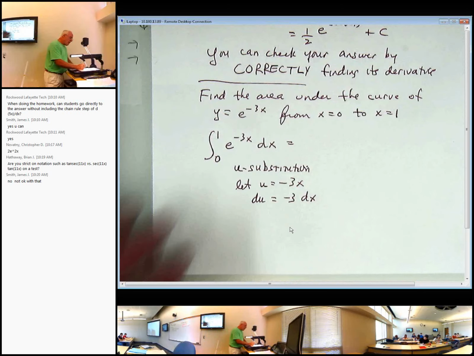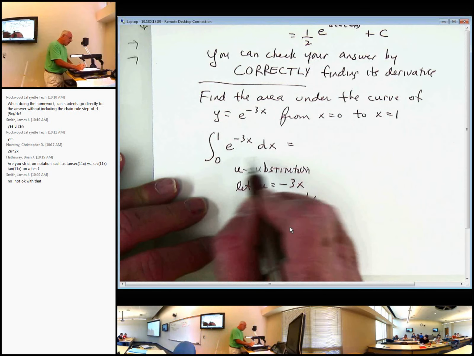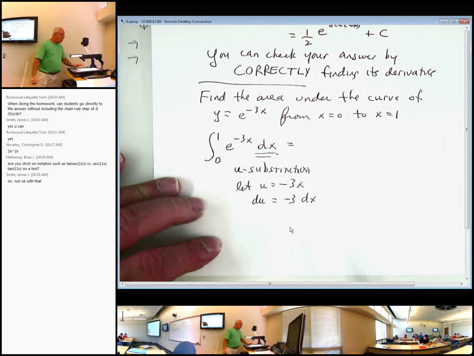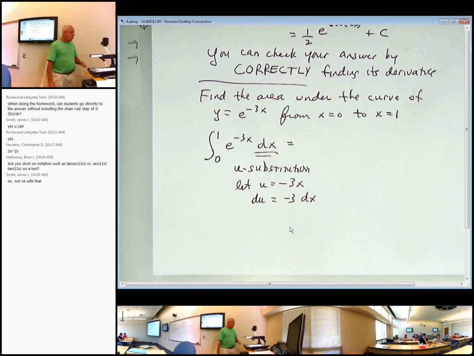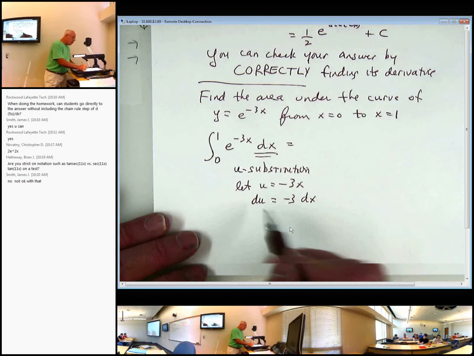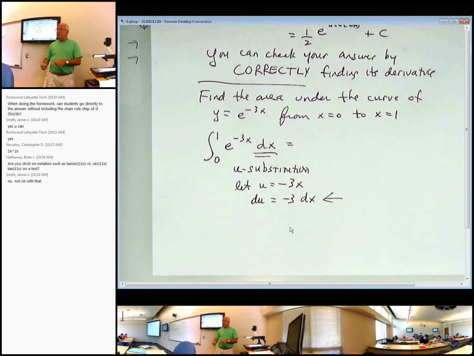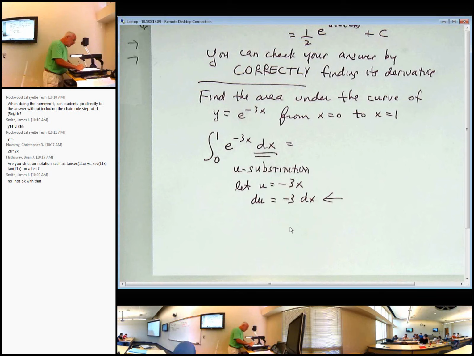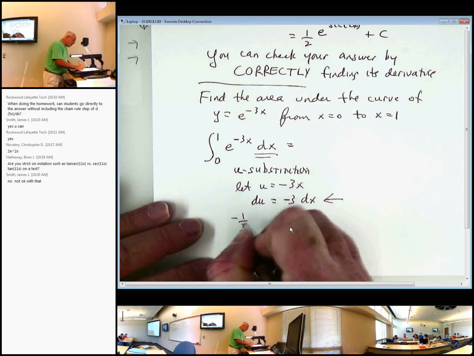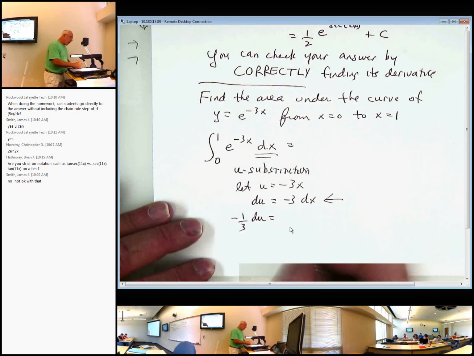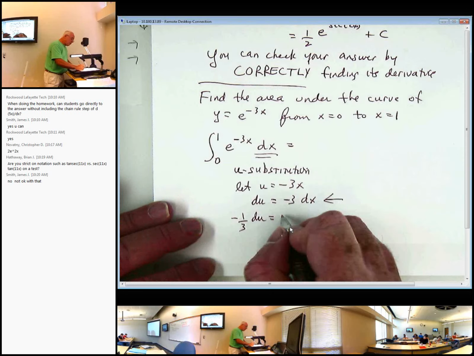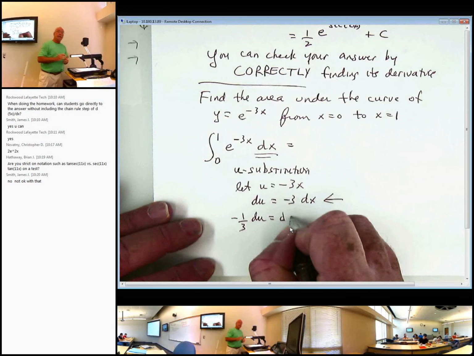Now we go back up and look at our integral. What we have in the integral is just dx. So what can I multiply both sides of this equation by so that I just have dx on the left-hand side? Negative 1/3, right? Because it's a minus sign. So let's do minus 1/3 du. And then when I multiply on the right side, I get just dx.